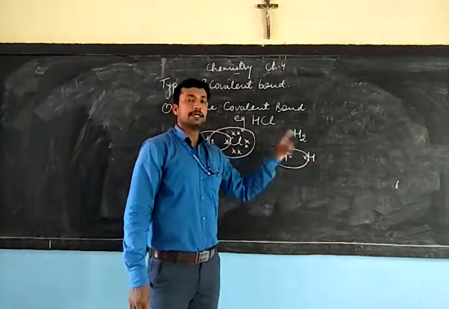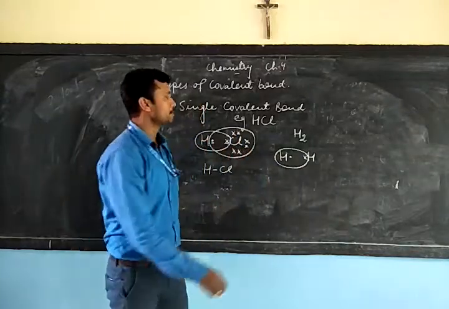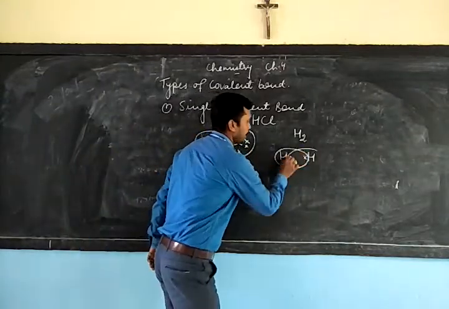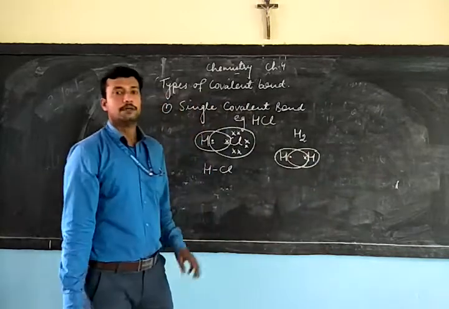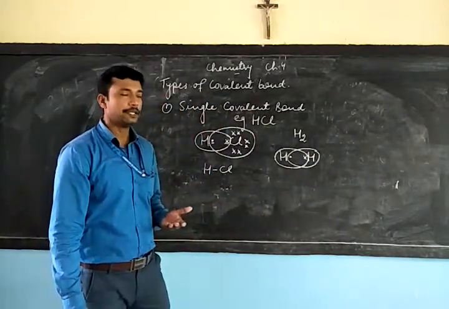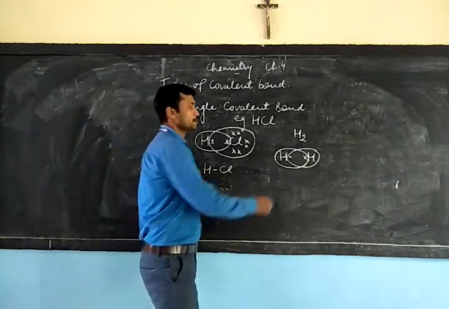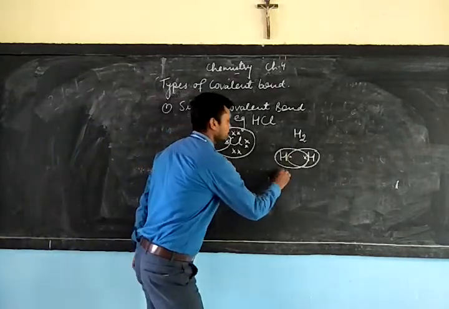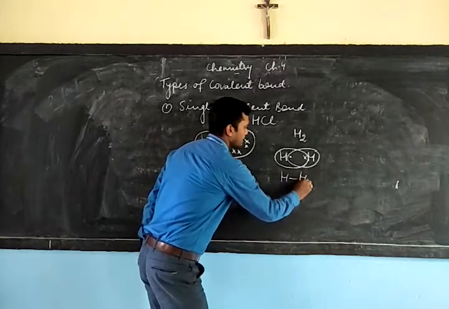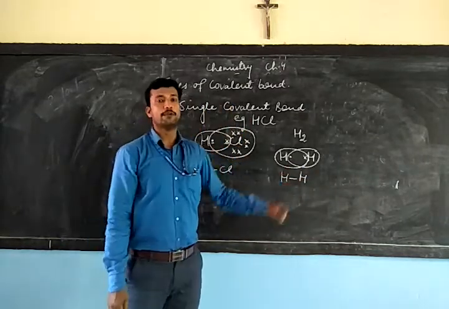And even the other hydrogen atom also requires 1 electron, which will be taken from this hydrogen atom. Again, each hydrogen atom has shared their electrons to become stable, so there will be a bond formed between these 2. And this is the single covalent bond.